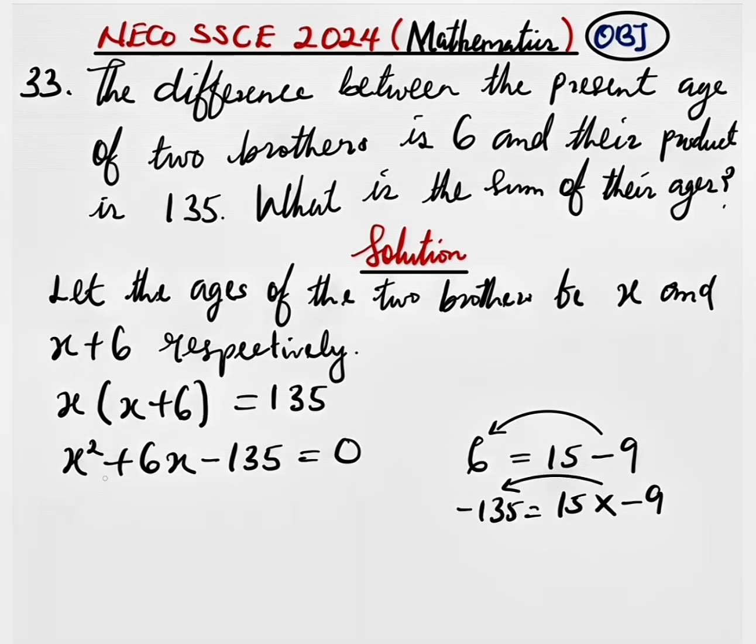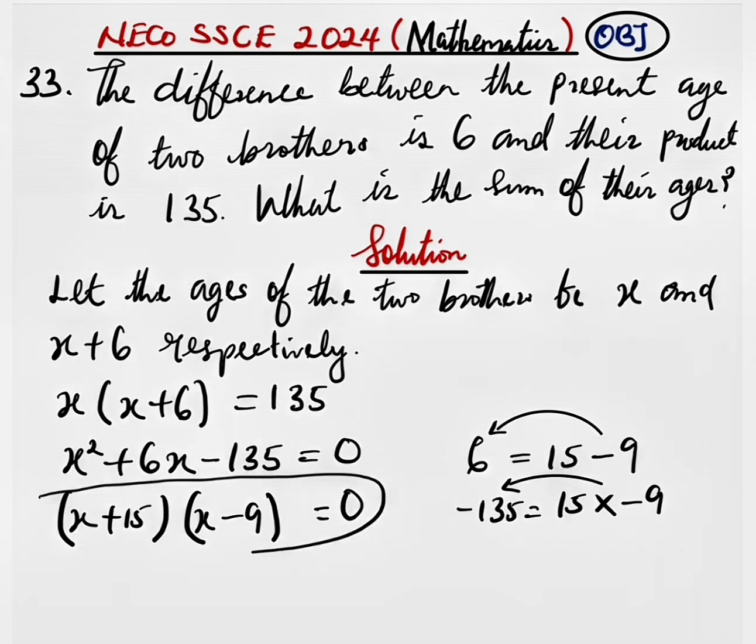So we open two parentheses as usual, equal to 0. So x in both. Then we input the two terms, which are positive 15 and negative 9.